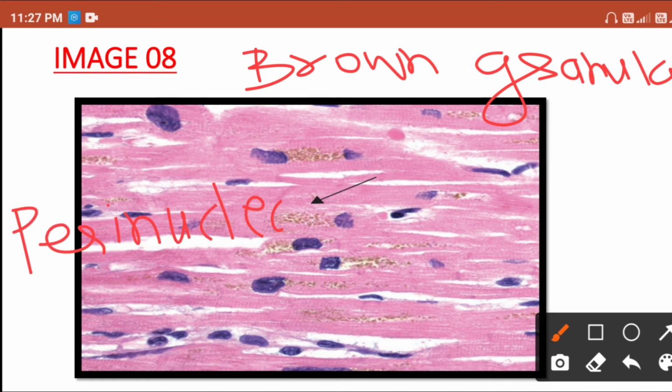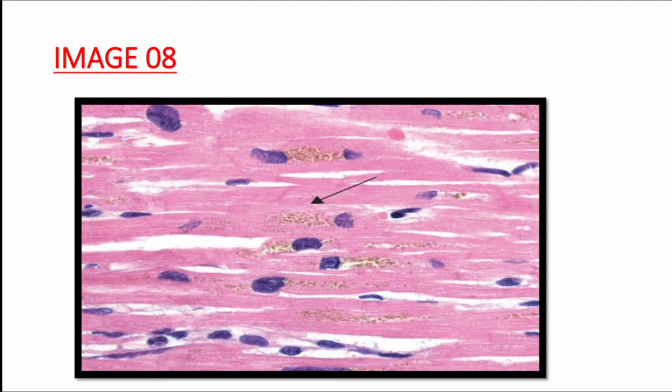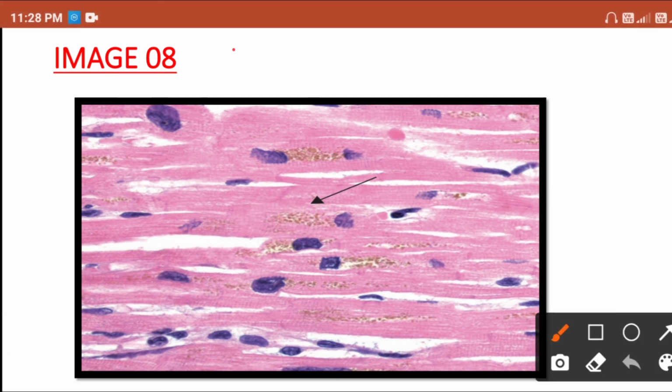So guys, whenever you observe a perinuclear cytoplasmic brown granular pigment, then obviously it is a lipofuscin pigment.